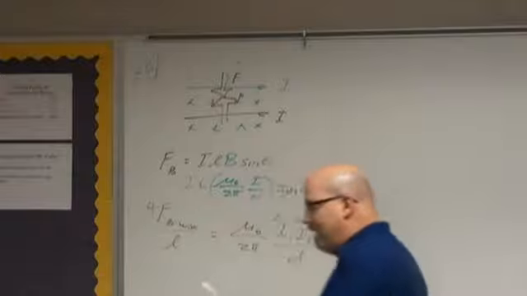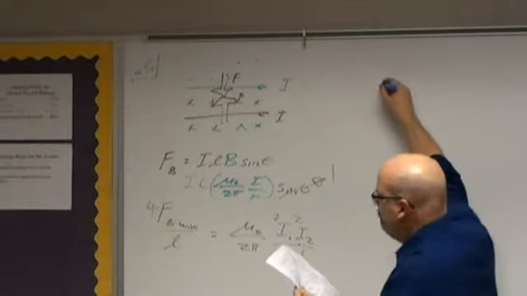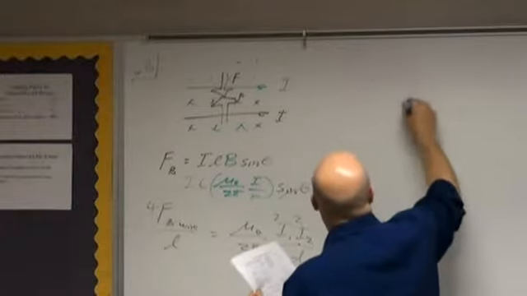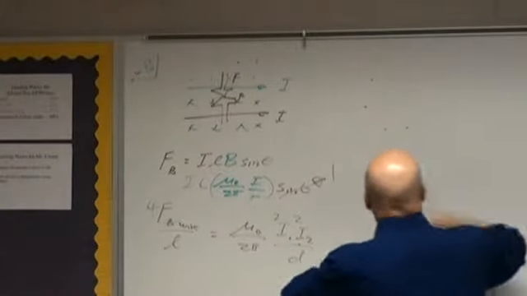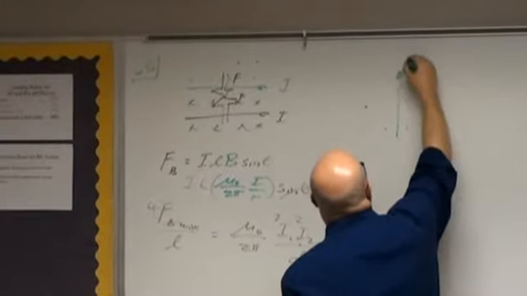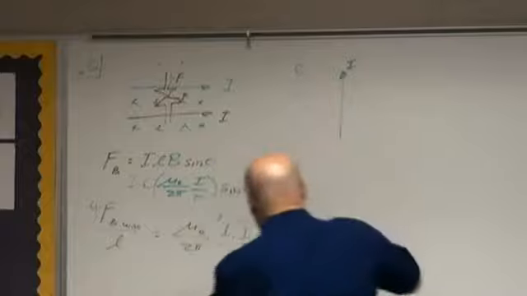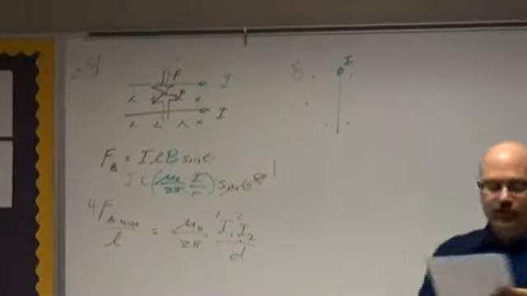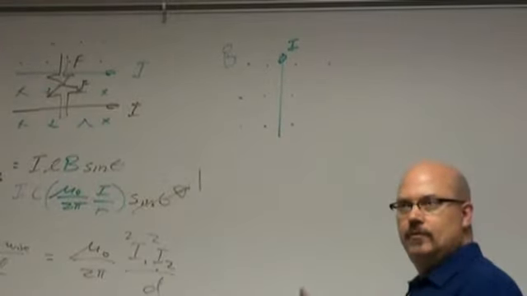Number 47. You have this magnetic field, and you have this wire, and they want to know the force on the wire. Which way is the force on the wire? To the right.